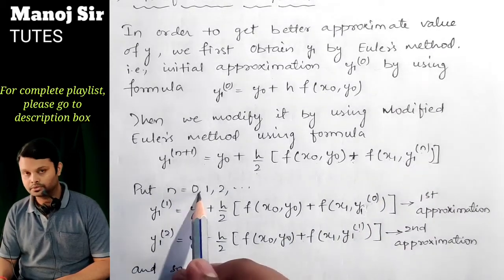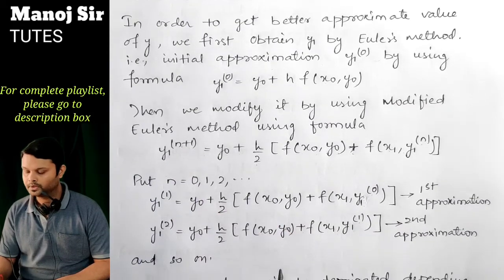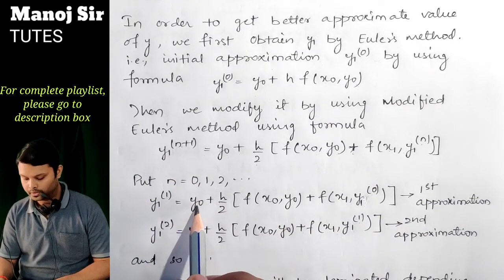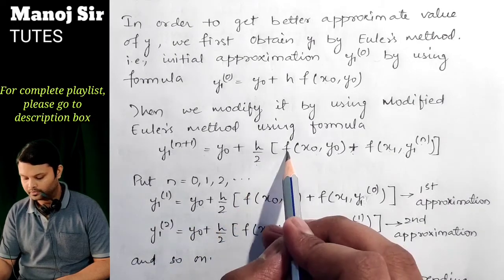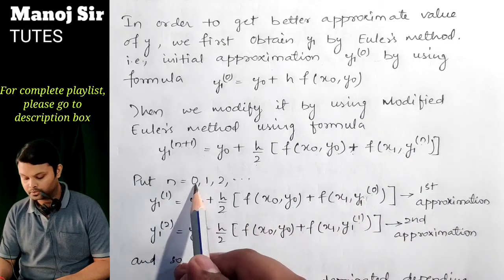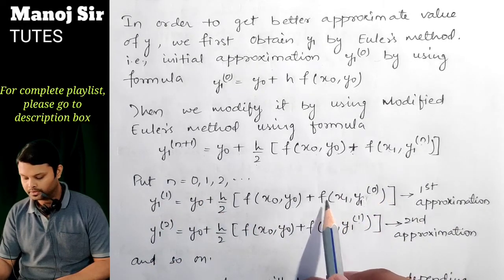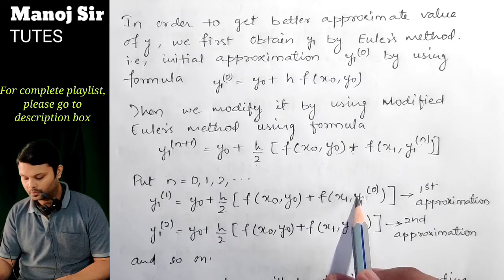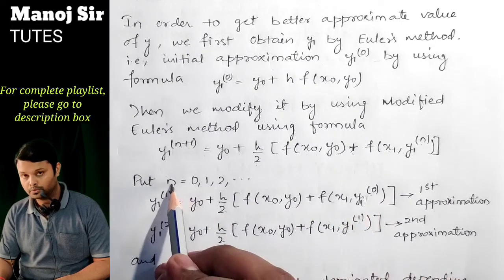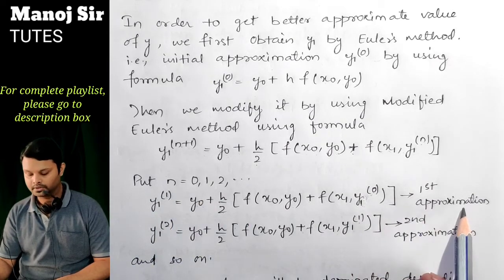If you put n equals 0, this will become y1 1 equals y naught plus h upon 2 into f of x naught comma y naught plus f of x1 comma y1 0, because we put n equals 0, and this is the first approximation.